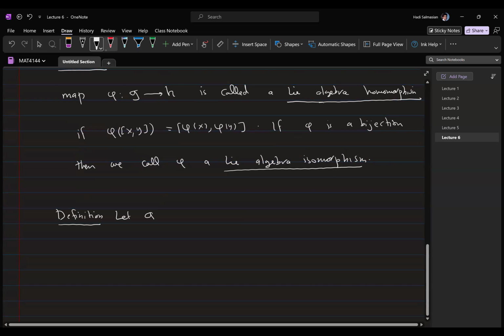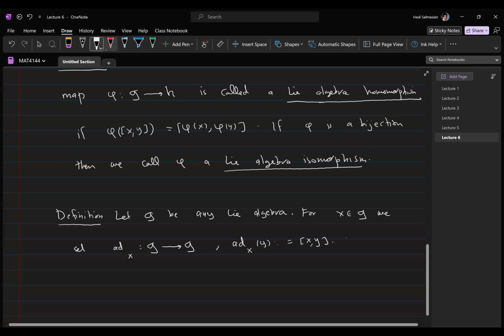So let g be any Lie algebra. And now for x in g, we first define this map ad x. This is a linear map from g to g. It's the endomorphism of the space g, defined as follows. ad x of y is just the bracket of x and y.